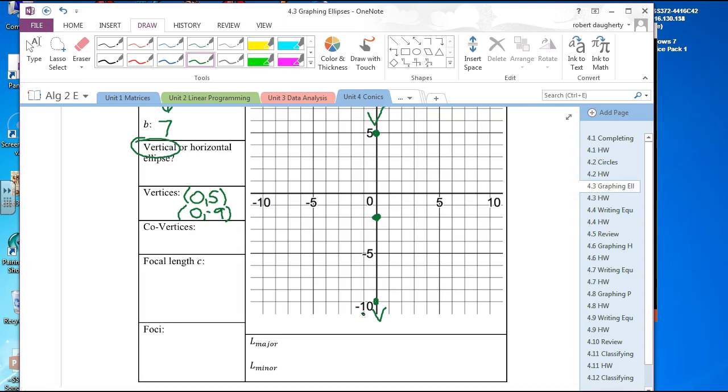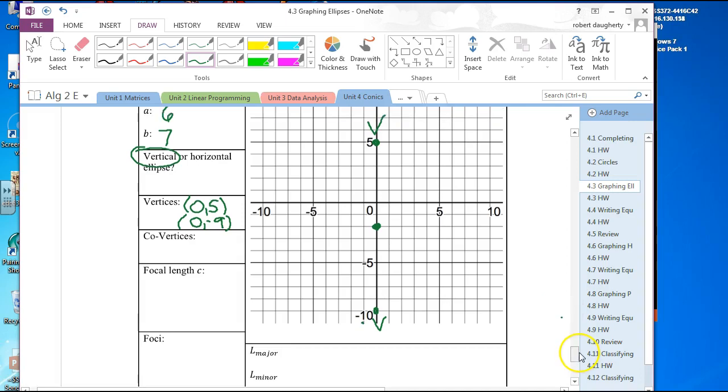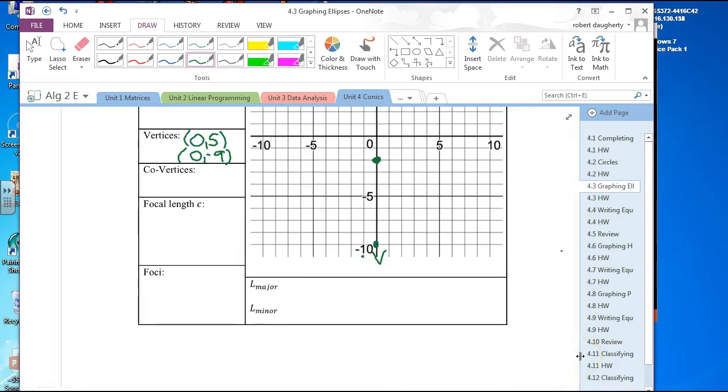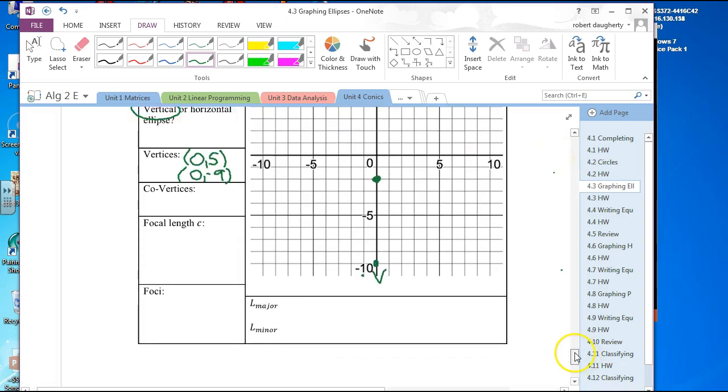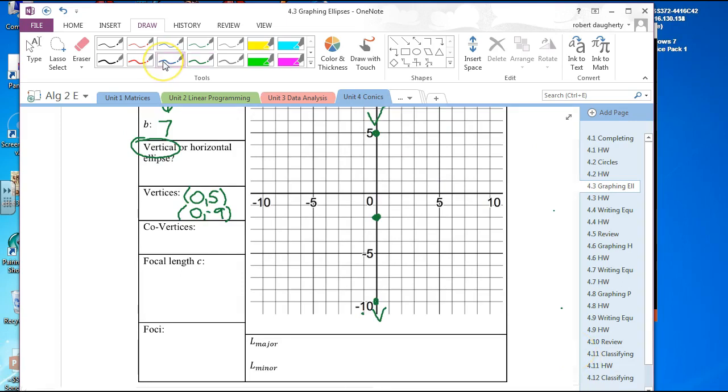Now, how do I find the co-vertices? What is A? A is 6. So it means that if I go over 6 right here and go over 6 here, those are going to be co-vertices. So what are those points?